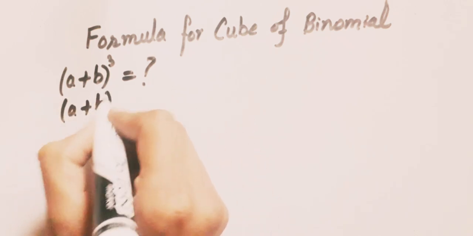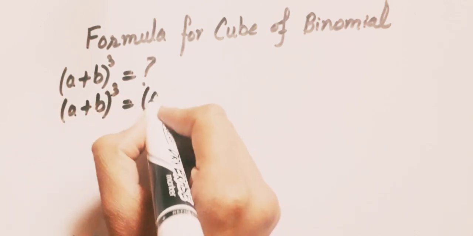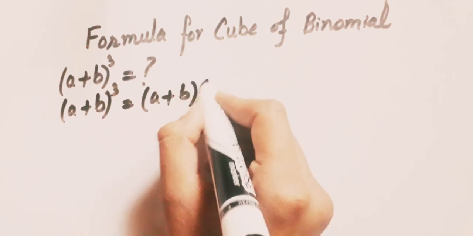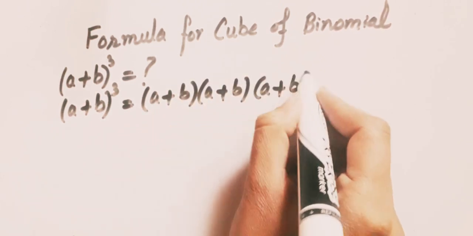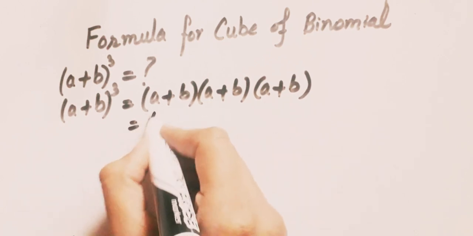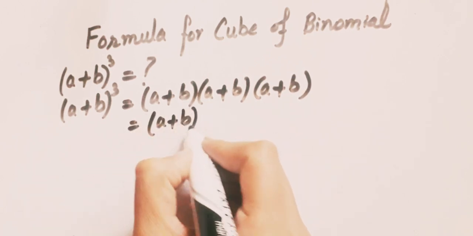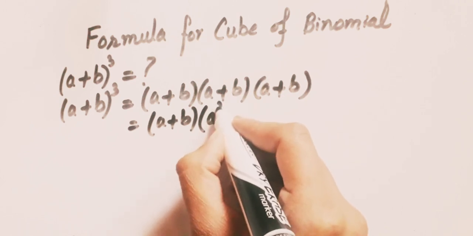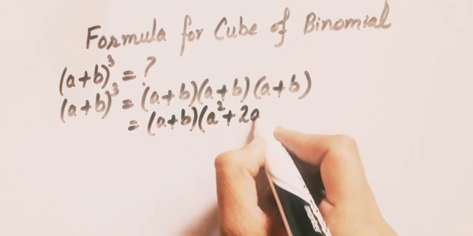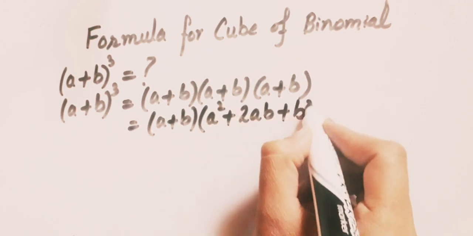(a plus b) whole cube means we will multiply (a plus b) into (a plus b) into (a plus b), 3 times. So (a plus b) into (a plus b) will become a square plus 2ab plus b square.